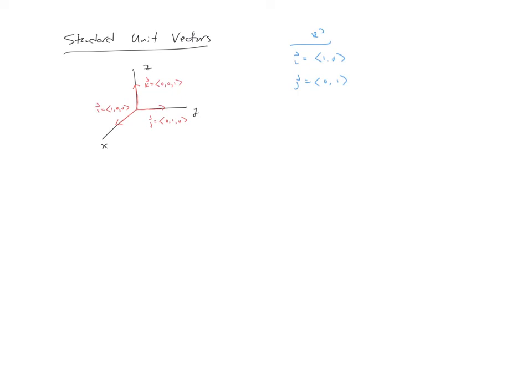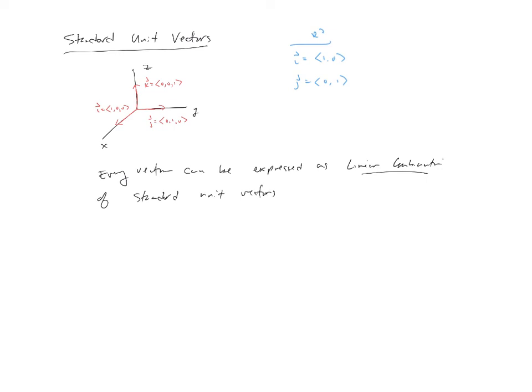Okay, so one of the things that we're going to be able to walk away with now from this conversation is the fact that every vector can be expressed as a linear combination of standard unit vectors.